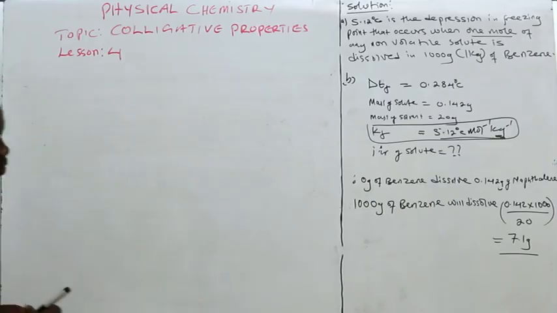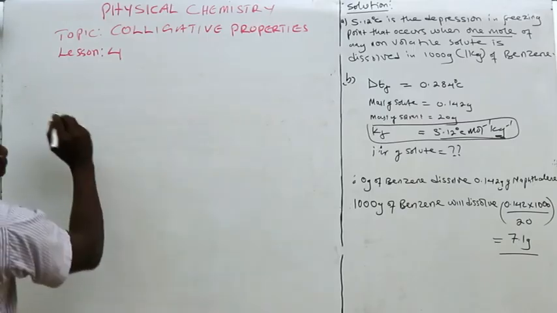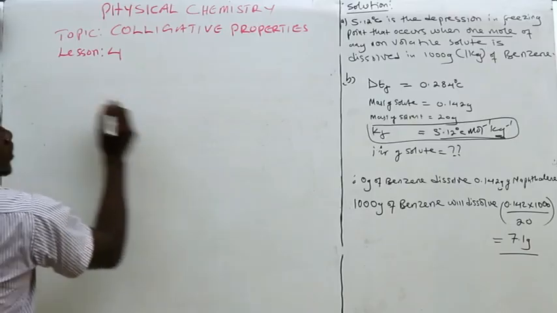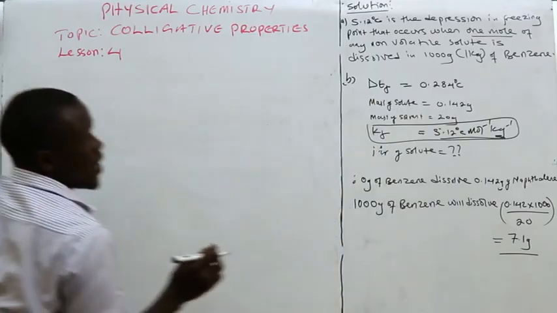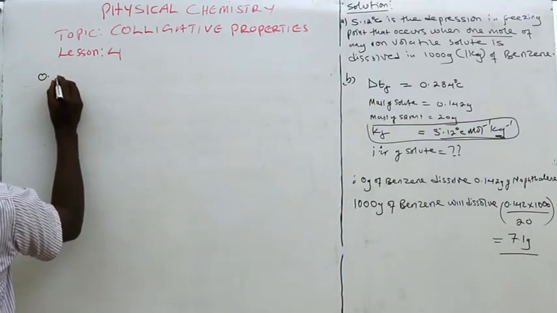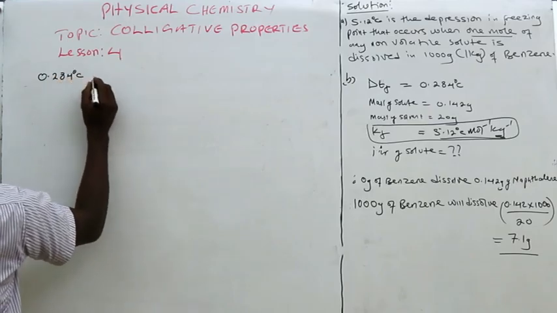So what we are going to do now is to say that the dT here, the one caused by naphthalene, is 0.284 degrees Celsius.